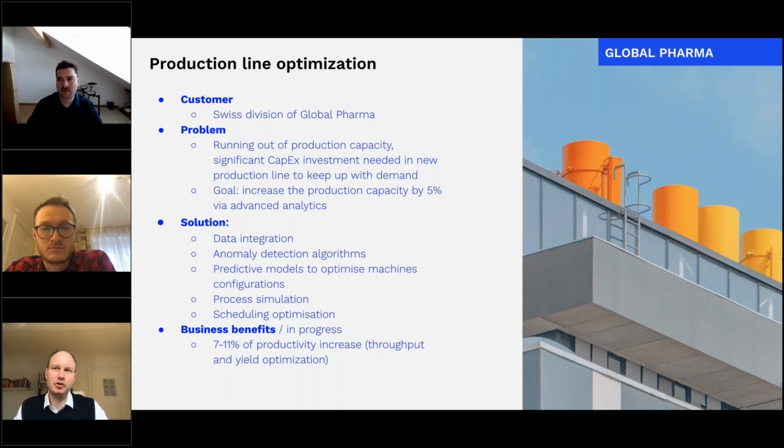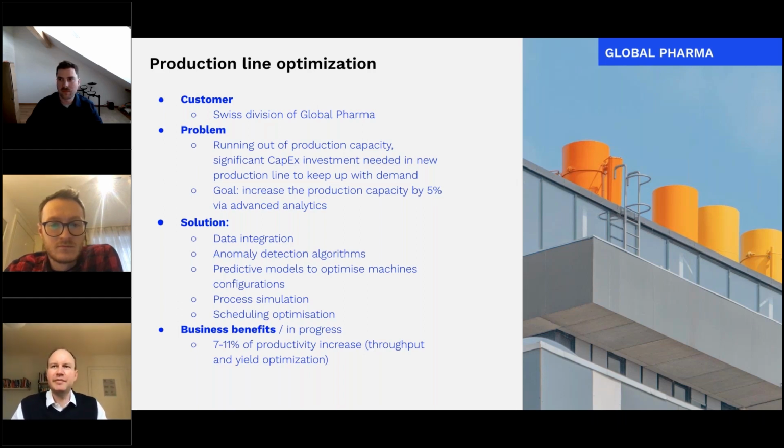So they decided to focus on increasing their production capacity with the existing equipment. And they hired us as Unit8 to come in and assess their plant and identify these efficiency improvements. In fact, we integrated data from several sources and sensors in the plant, which were then aggregated on an AWS platform on the cloud.